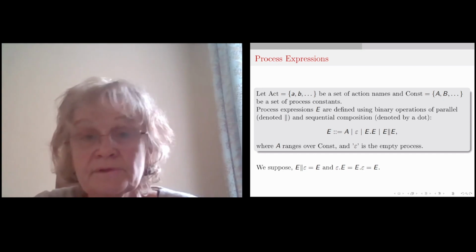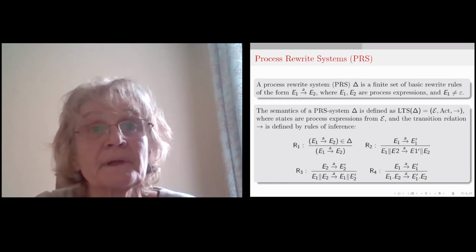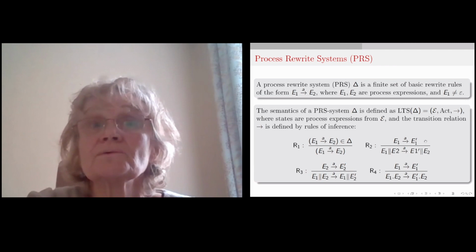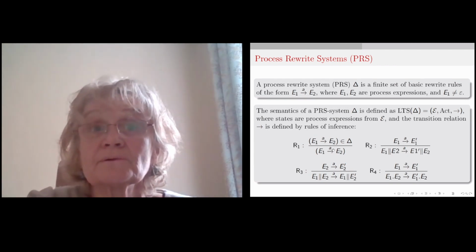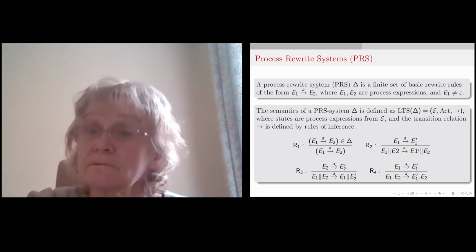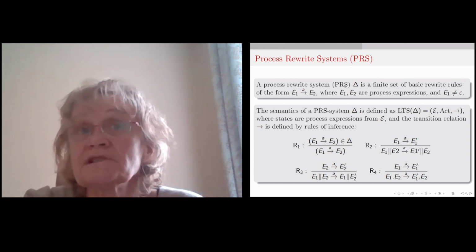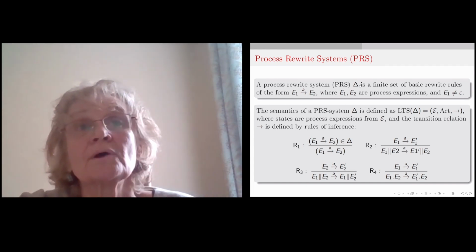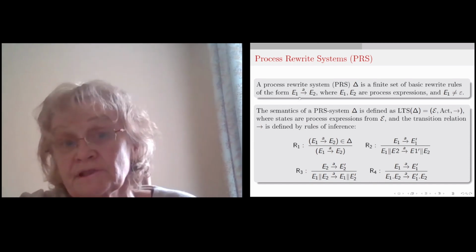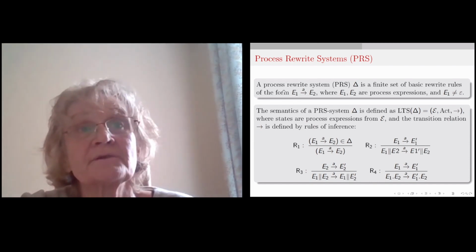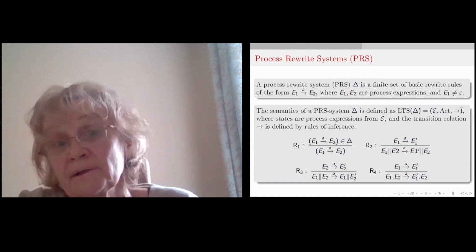And then, to define semantics, we have rules. We have to define a system. We have an initial expression, and also transitions which are represented in the form of rewrite rules.